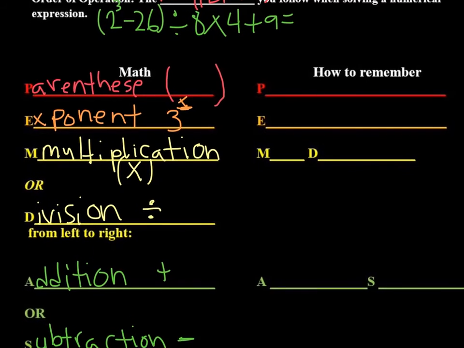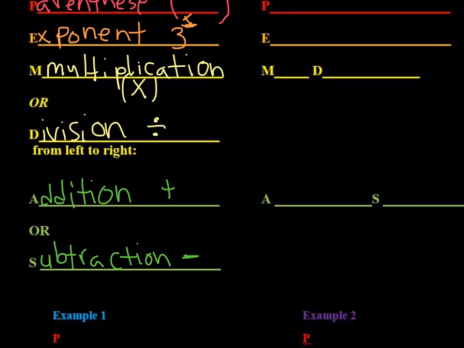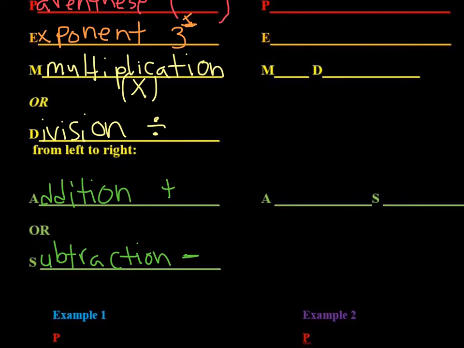So let's go down. We have addition or subtraction. This works the same way as multiplication or division. You start from the left side and then you go to the right side. So let's see, we have that up here as well.